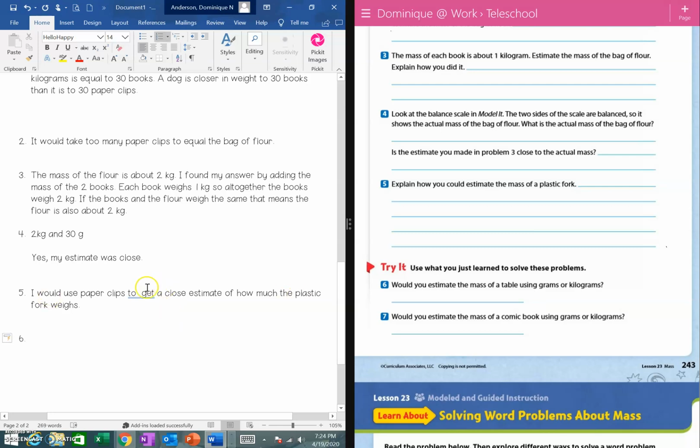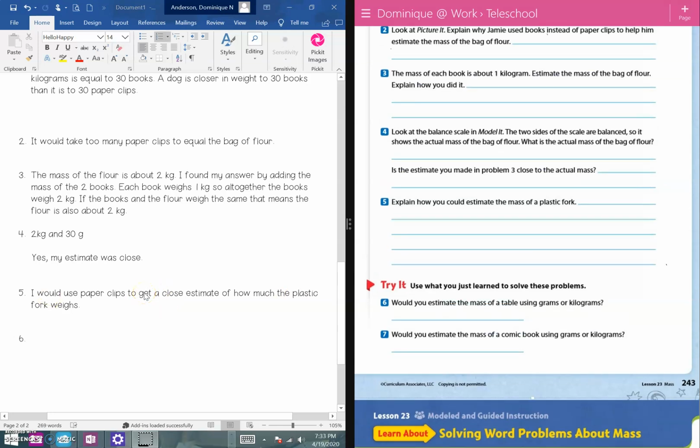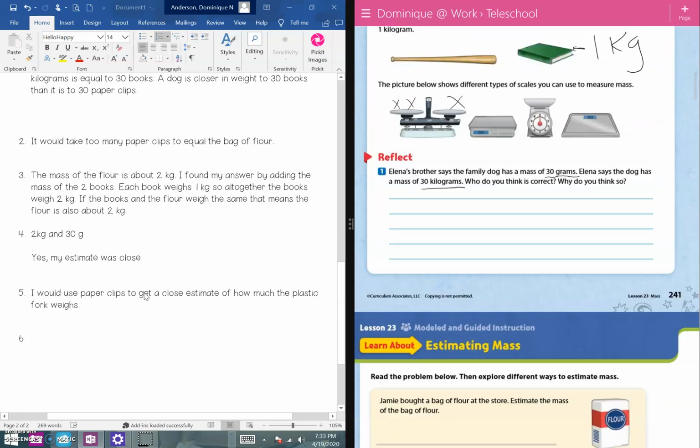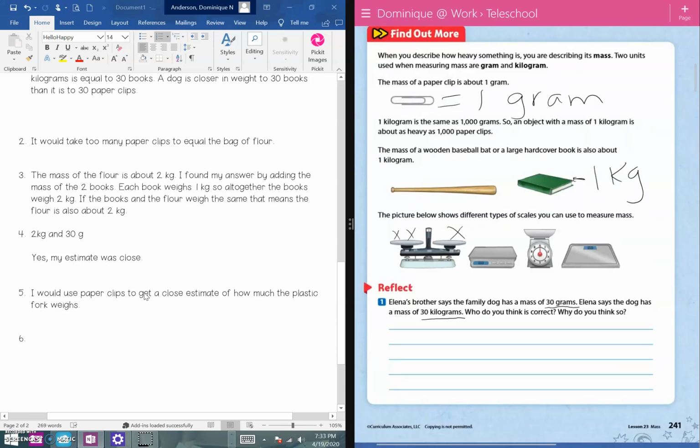Number 6. Alright, let's look. It says, would you estimate the mass of a table using grams or kilograms? So again, if we go back up, a paper clip is equal to a gram, a hardcover book is equal to 1 kilogram. So if you had to estimate the weight of, let's say, your kitchen table at home, would you want to use a bunch of paper clips or use some books? We would use books because they're a lot heavier.